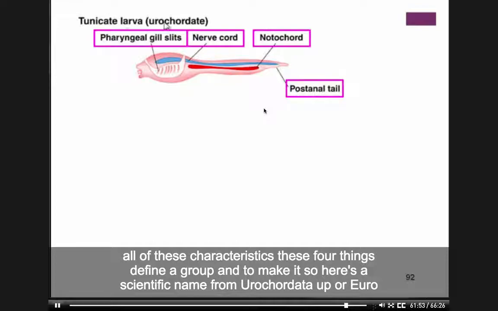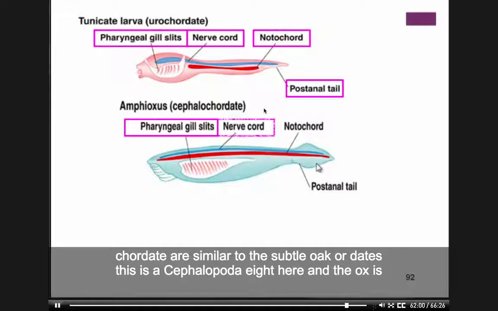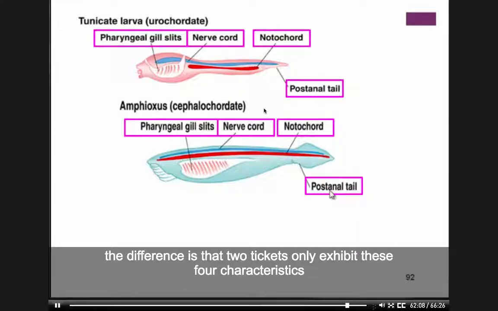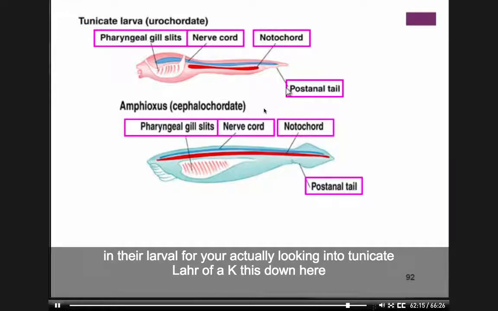And tunicates, and here's the scientific name for them, Urochordata, or urochordate, are similar to the cephalochordates. This is a cephalochordate here, Amphioxus, and it also exhibits the same 4 characteristics. The difference is that tunicates only exhibit these 4 characteristics in their larval form.